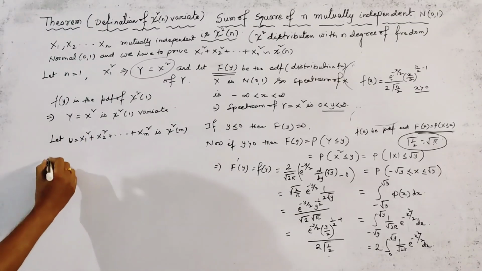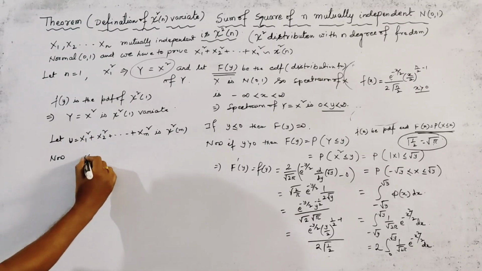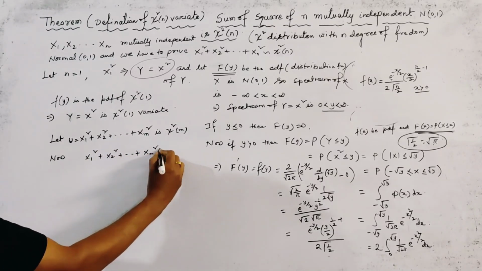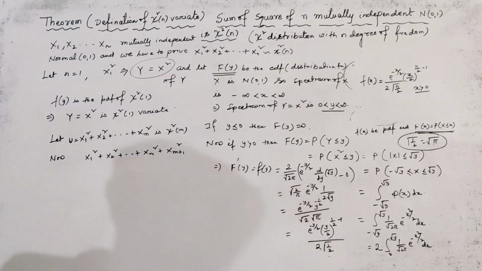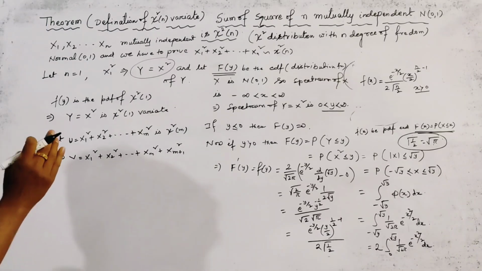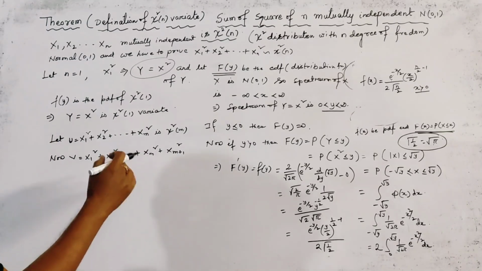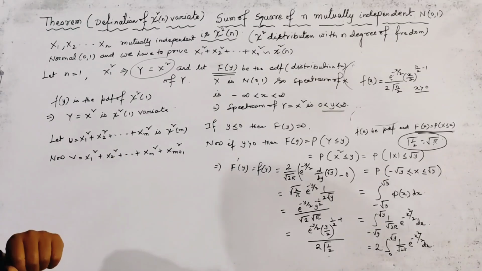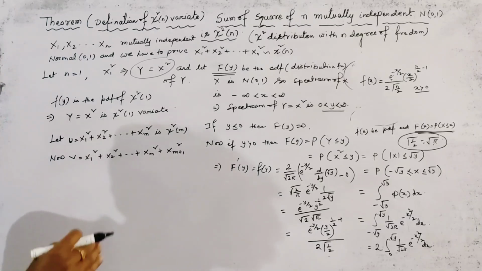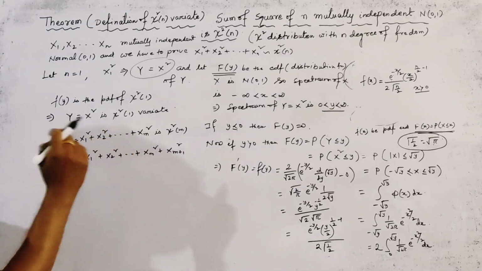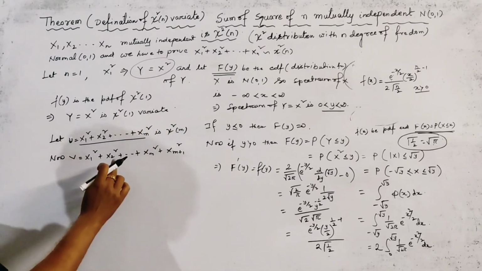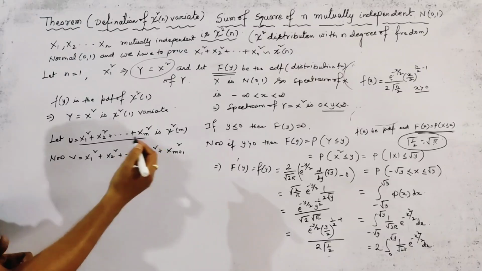Okay, now x1 square plus x2 square up to xm square plus x(m+1) square, and let it be v. Now we have to show that this v is Chi-Square m plus 1, and by showing this is Chi-Square m plus 1, we prove by the principle of mathematical induction, since this is true for n equal to m, so this is also true for n equal to m plus 1.